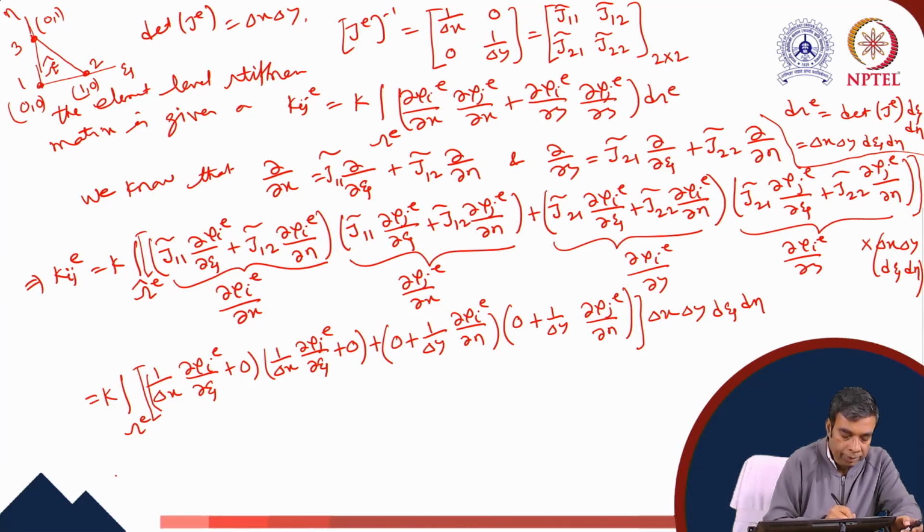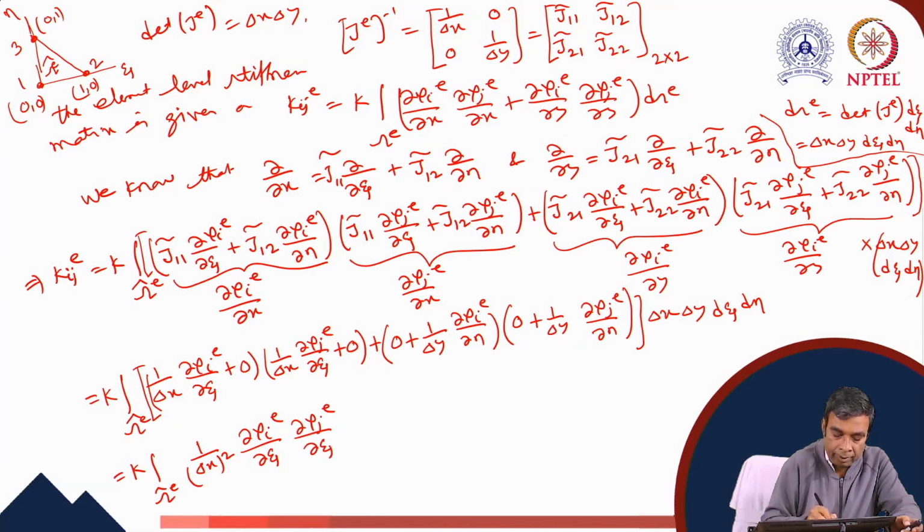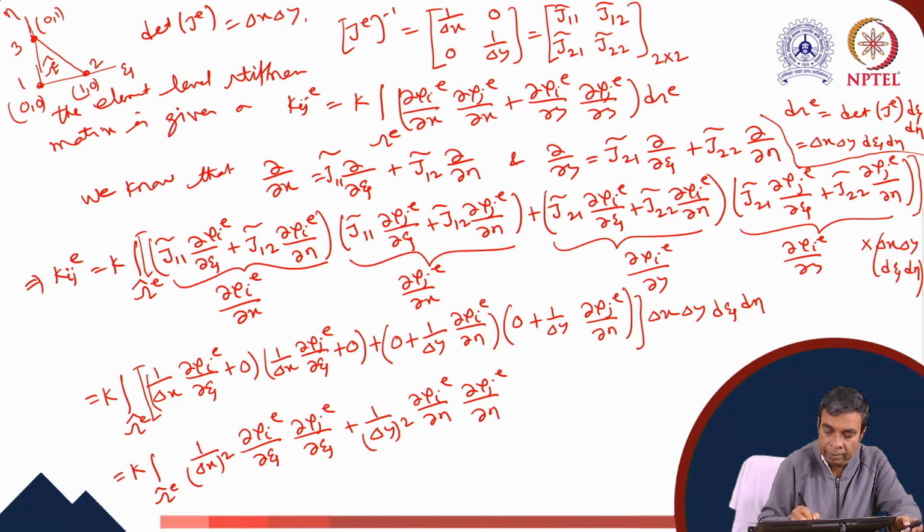So this expression simplifies as k integration over omega e cap, 1 by delta x whole square del psi ie del xi del psi je del xi plus 1 by delta y whole square del psi ie del eta del psi je del eta.